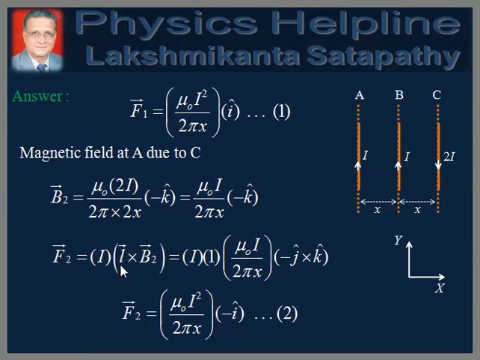Since this is the current through A, L has the direction of plus j cap, and the magnetic field B2 has the direction of minus k cap. Therefore, we write minus j cross k. Now, j cross k is equal to i. Therefore, minus j cross k is equal to minus i. Therefore, F2 is equal to mu 0 I square divided by 2 pi x into minus i cap.